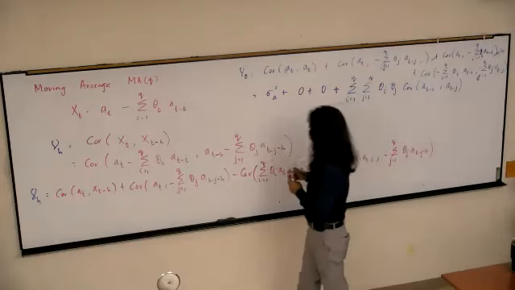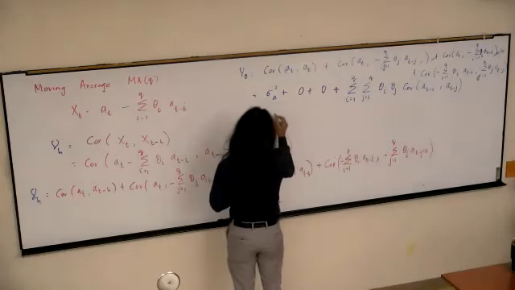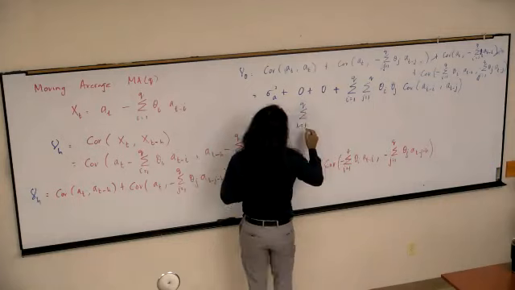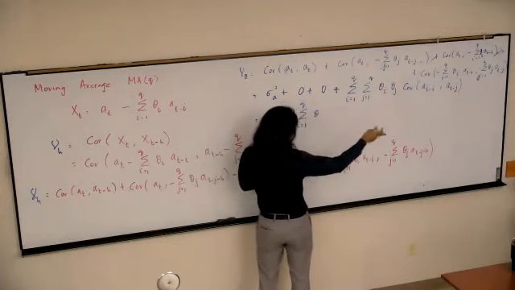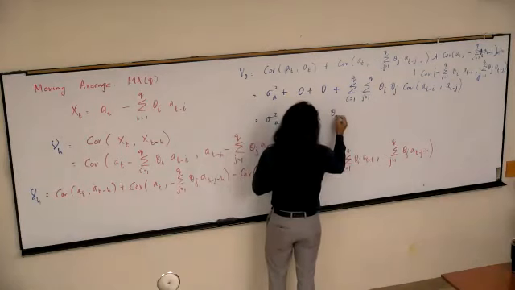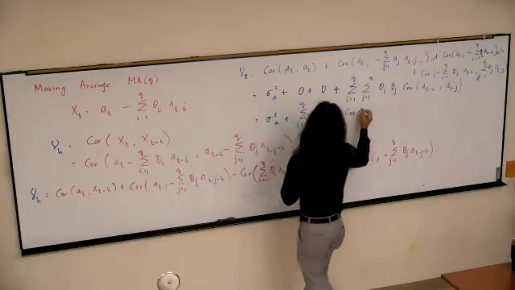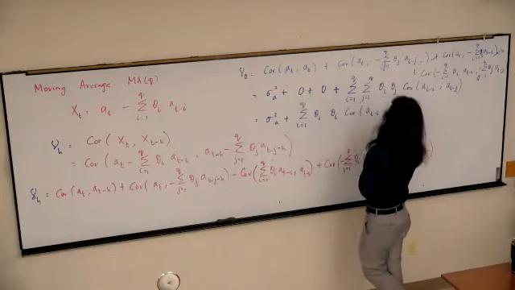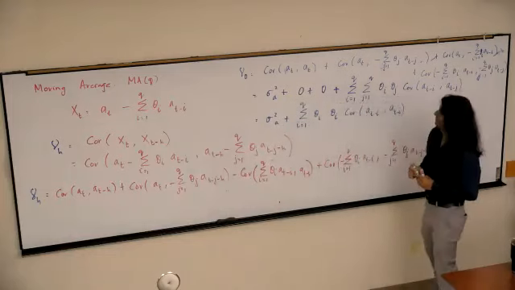So if i is equal to j, j becomes i, theta i, covariance of a t minus i, a t minus i.